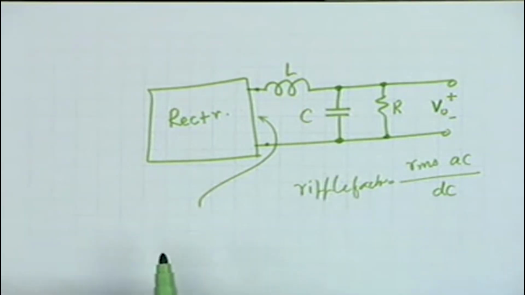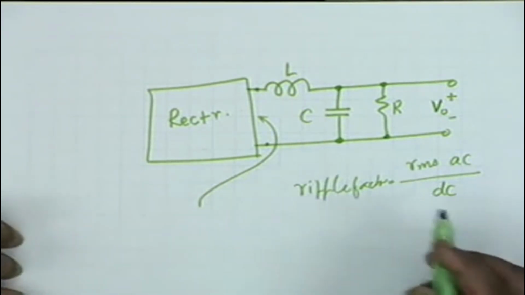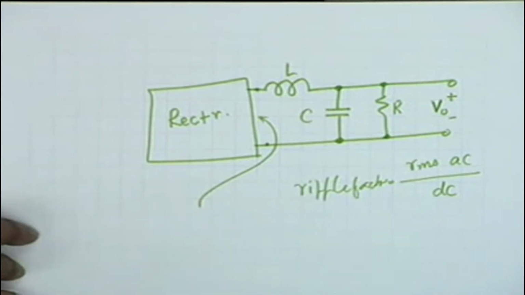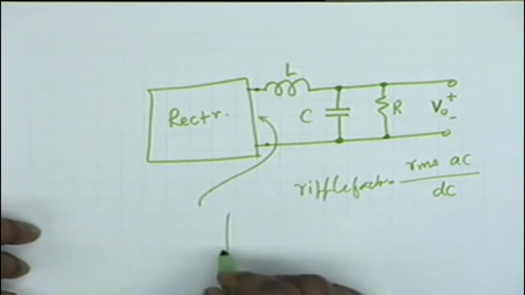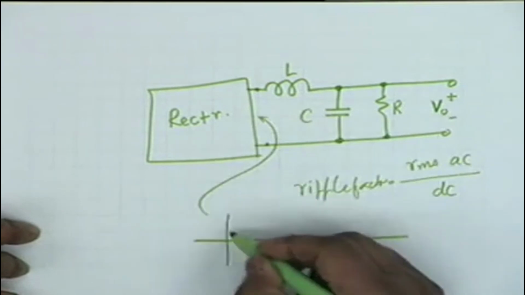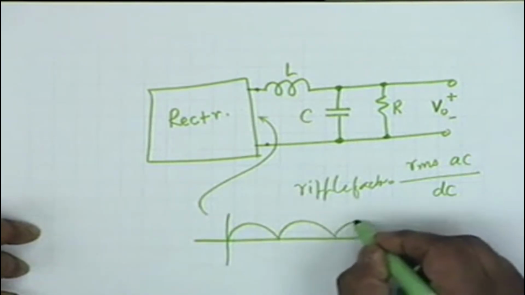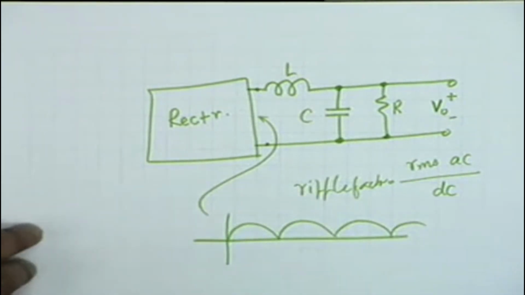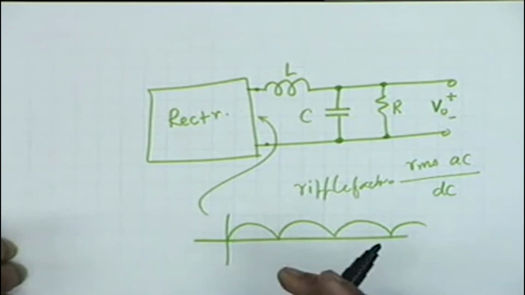Now to analyze this circuit, we require an analytical expression for this input waveform, and it can be shown by Fourier analysis. Are you acquainted with Fourier analysis? Not yet.